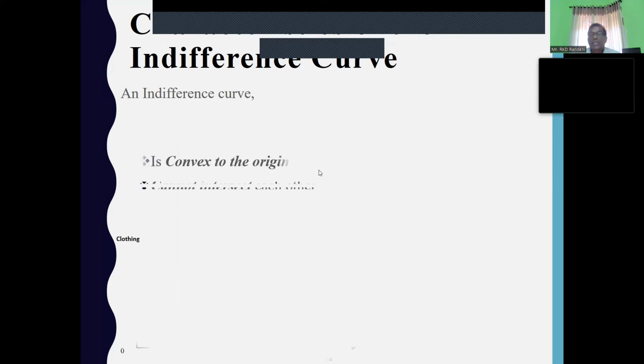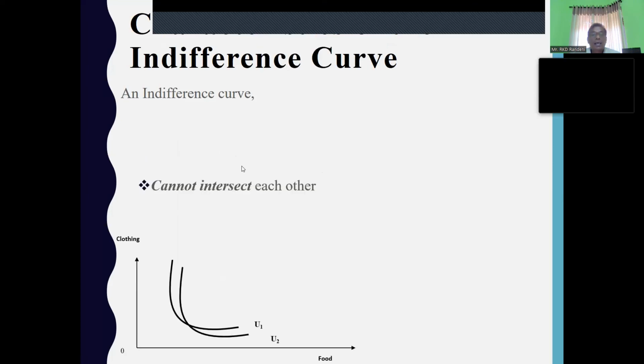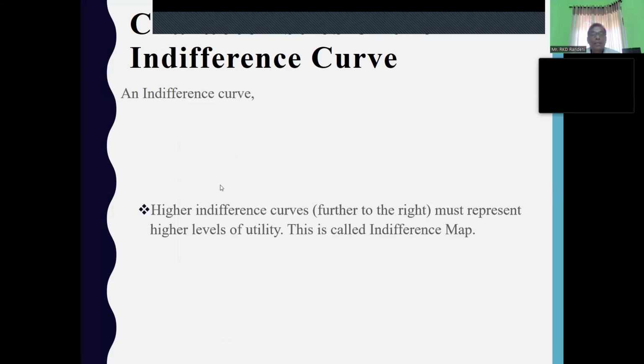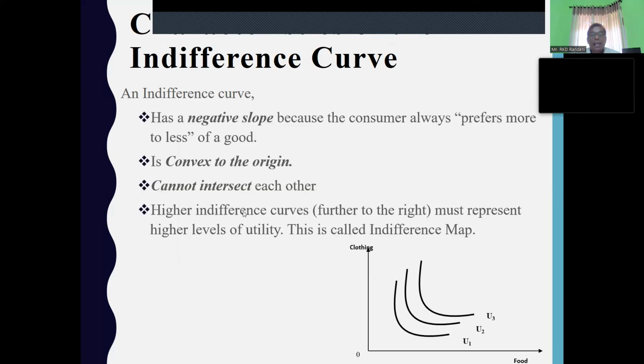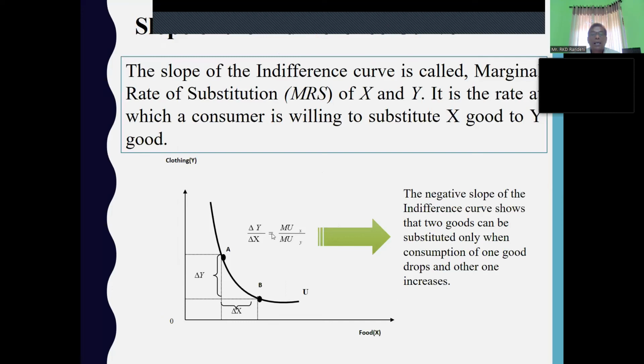It is convex to the origin, it cannot intersect another curve, and a higher indifference curve must represent a higher level of utility, right?